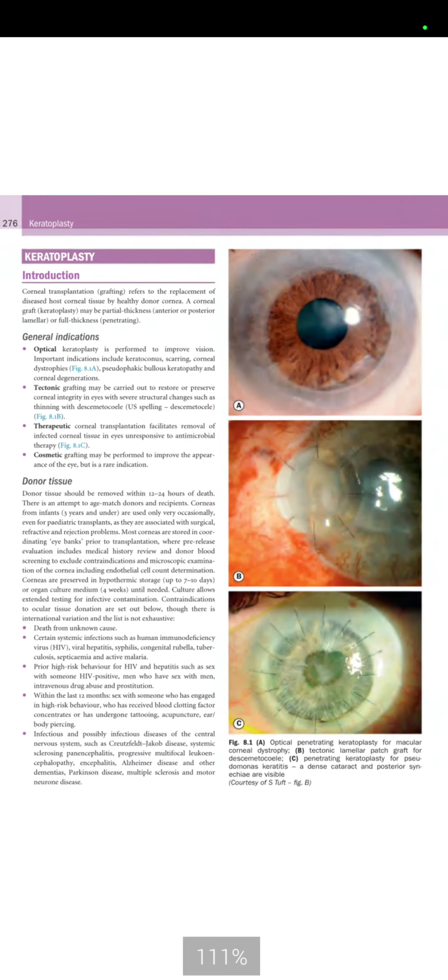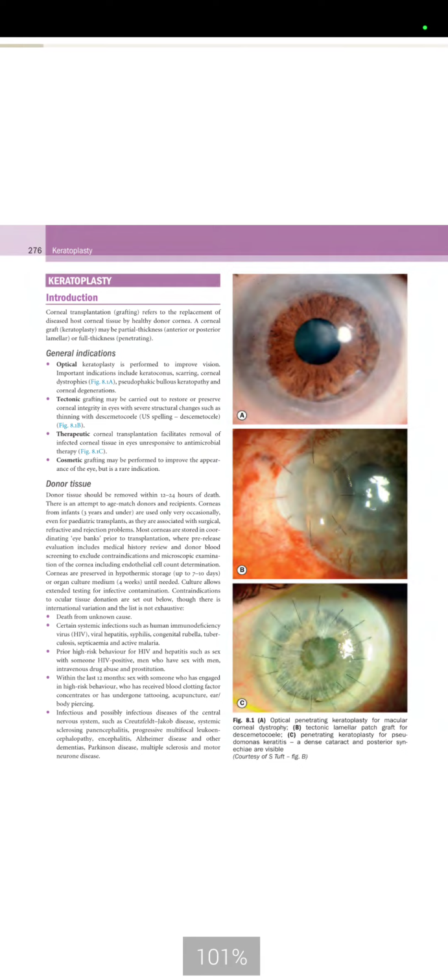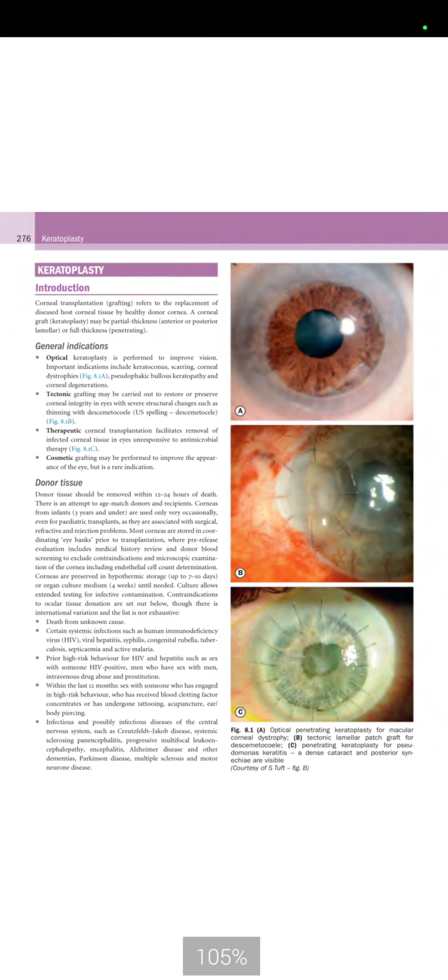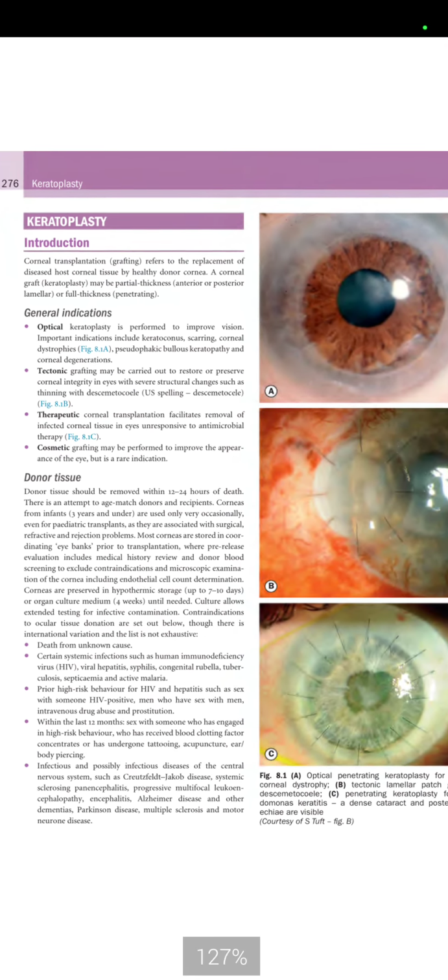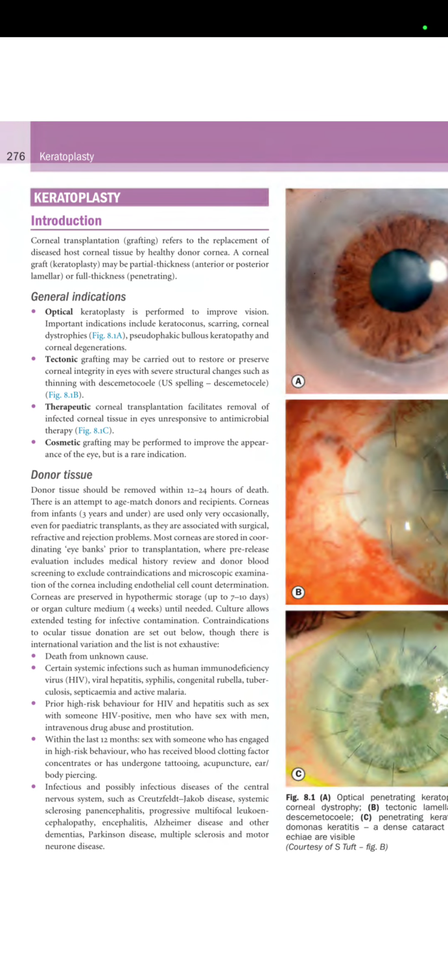Basically, cornea is a privileged transplant because it has no such blood supply and there are no such immunological factors. So that is why the survival of the graft is more likely than in any other kind of graft.